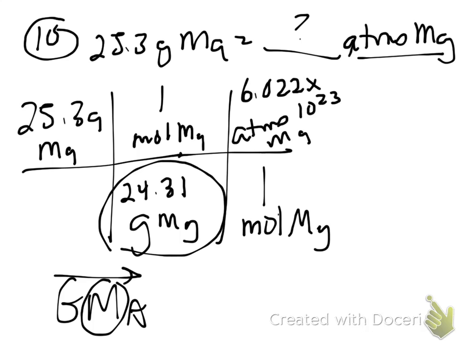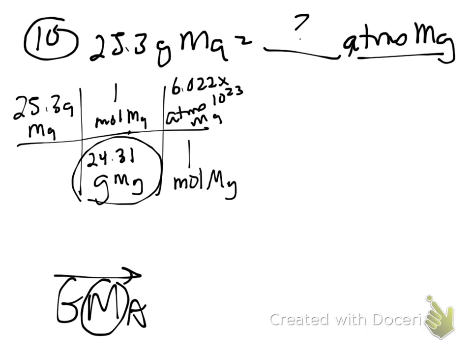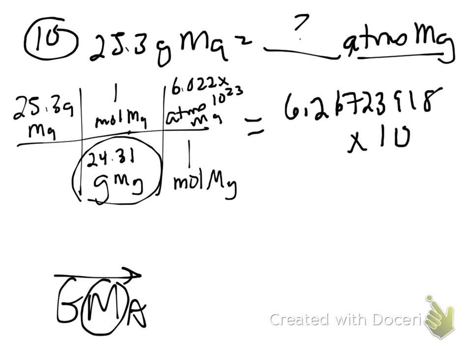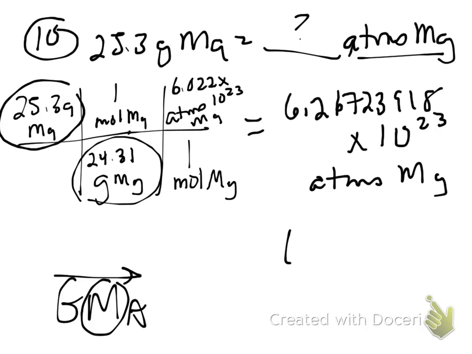When we do all of our math, we get a raw answer of 6.26723918 times 10 to the 23rd atoms of magnesium. And how many sig figs can we have? 3, based on this. So we get 6.27 times 10 to the 23rd atoms of magnesium.